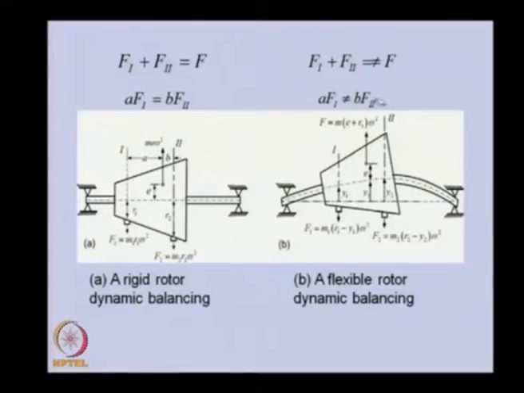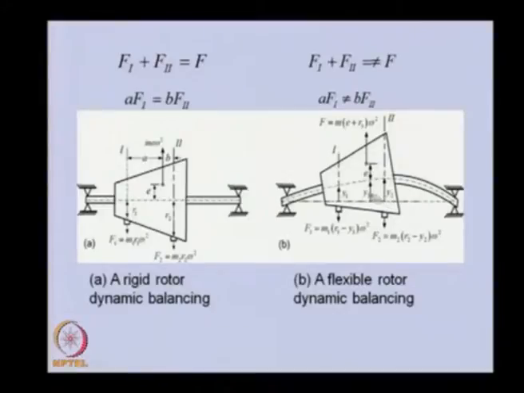Once they are not valid, we do not have balancing of the residual unbalance in the system. So basically we can see that, because of the deformation of the shaft or the flexibility of the rotor, the dynamic balancing we did for the rigid rotor is not valid for the flexible rotor case.